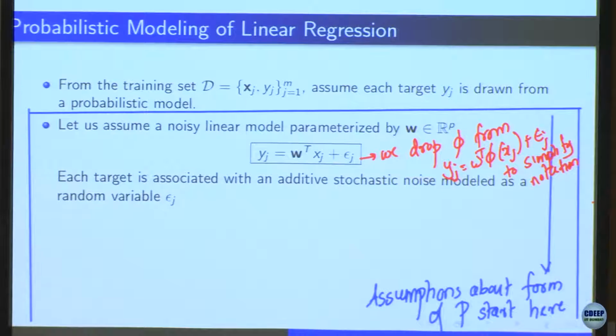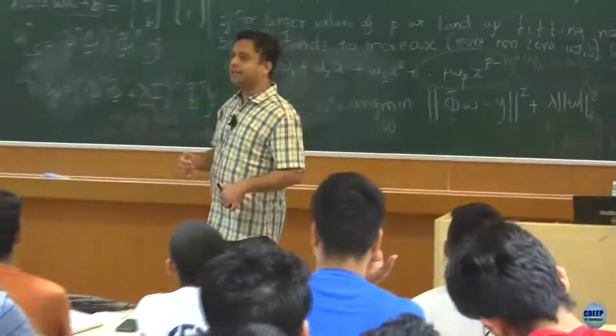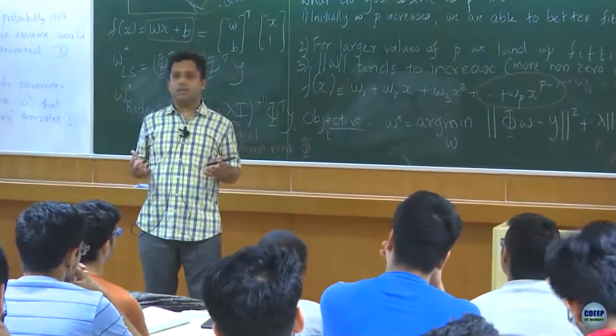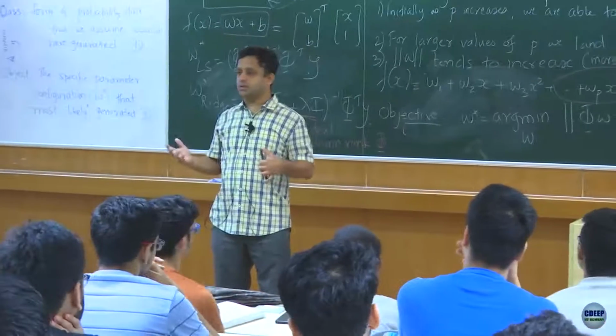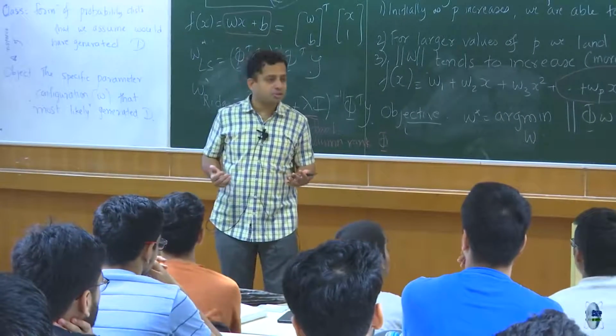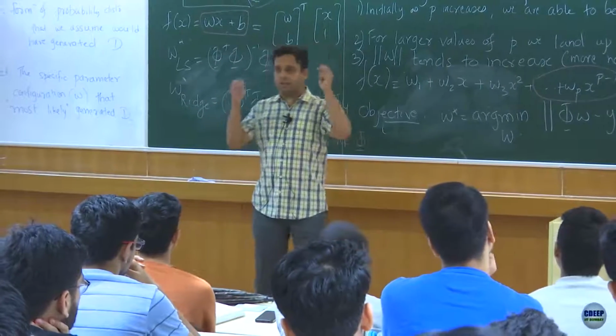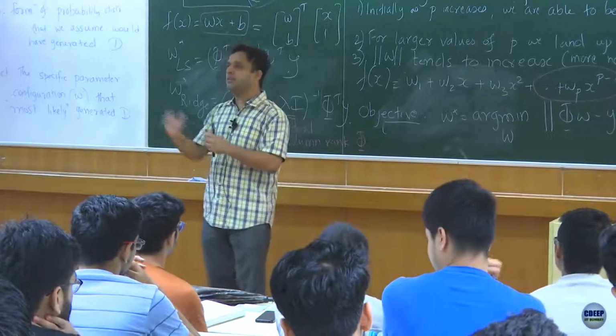So if I toss a coin, the coin has some probability of heads and tails, and now if I toss a coin 20 times, the number of heads that I get out of 20 tosses, does that also have a probability distribution? Yes. So I start with a single coin toss which has a probability model.